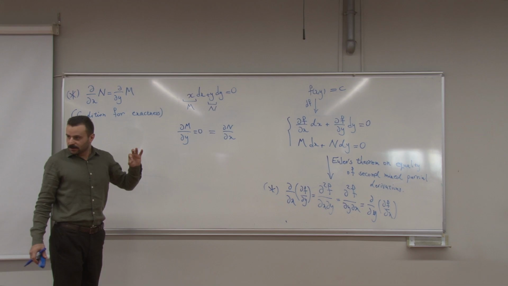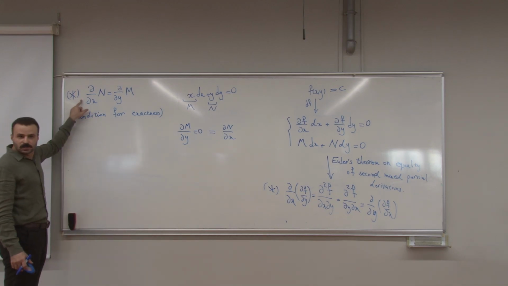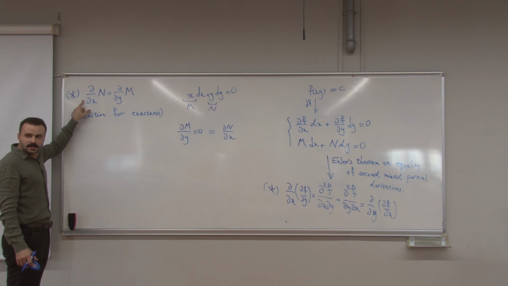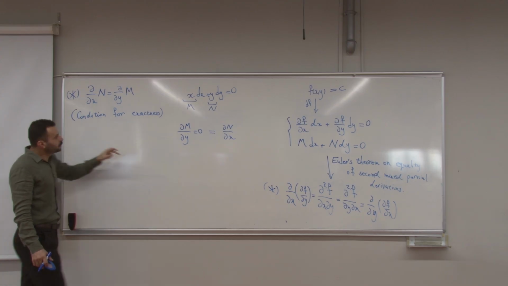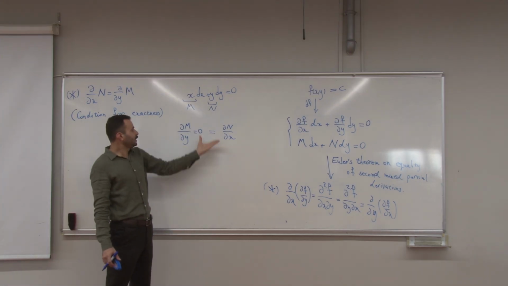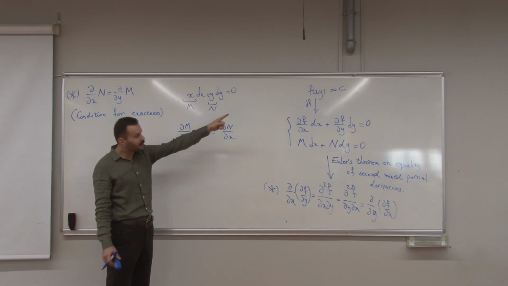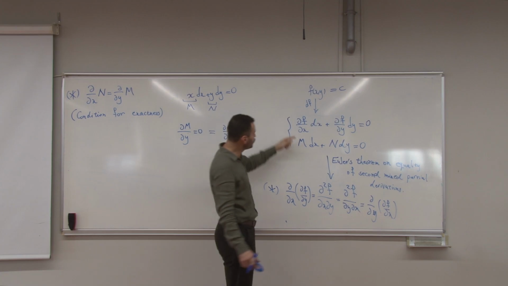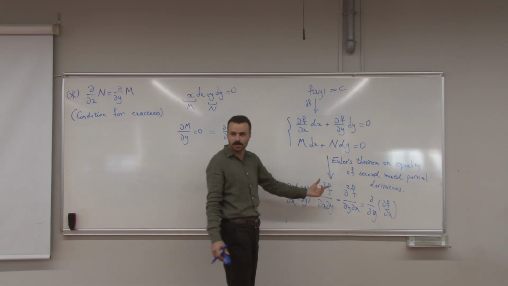For an equation to be exact, this is a necessary condition. But the question is, is this also a sufficient condition or not? Which means that if I am given this equation and this equality is satisfied, can I be sure that a function like f exists such that if I take its derivative, I have that equation? Because if I have, then the level curves of that function are going to be my solutions.